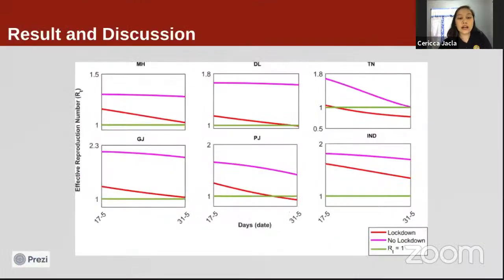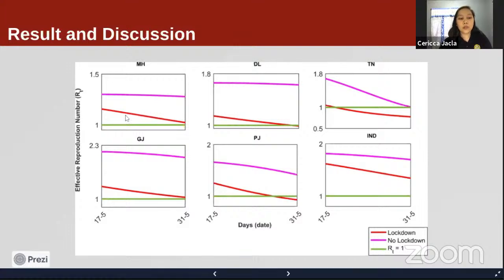So here is the use of the effective reproduction number. The red bar represents the one with lockdown, and the pink one represents no lockdown. And R sub t is equal to 1. It's the effective reproduction number.